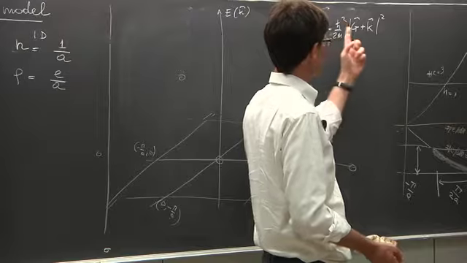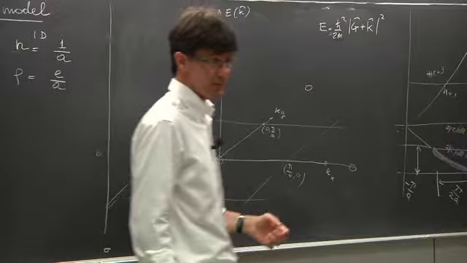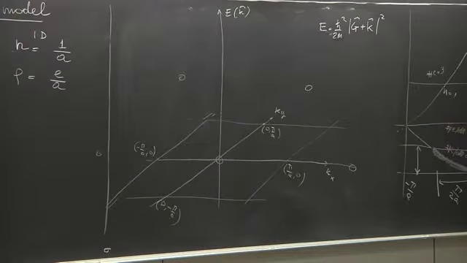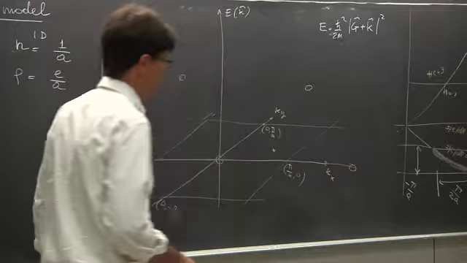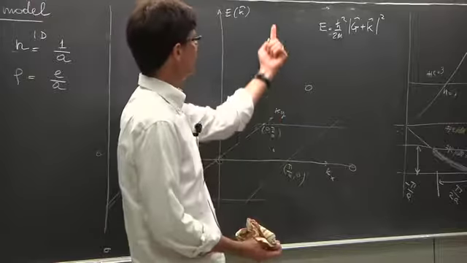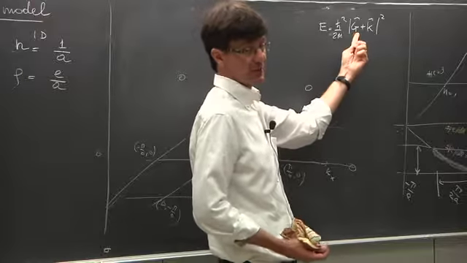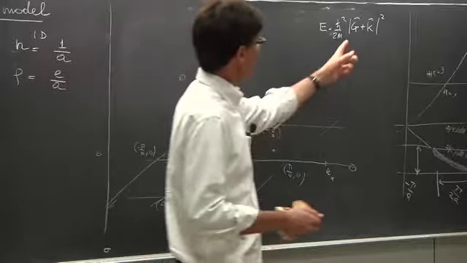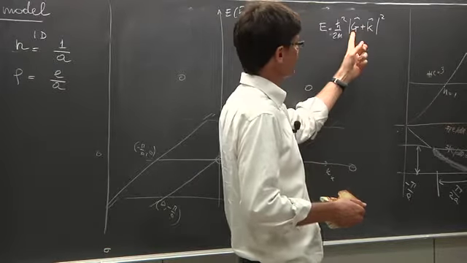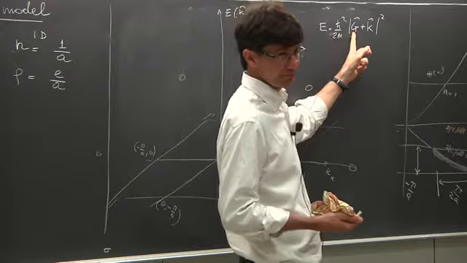The possible values of the energy correspond to all the possible g's, right, for a fixed value of k. So if I fix k in this plane, say here, for example, I will obtain values of the energy for all possible values of g, discrete numbers. But these objects here are parabolas centered at minus g.